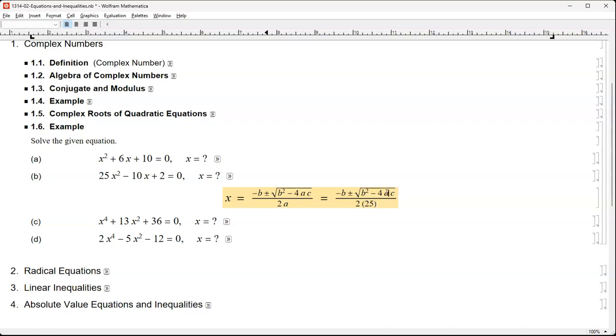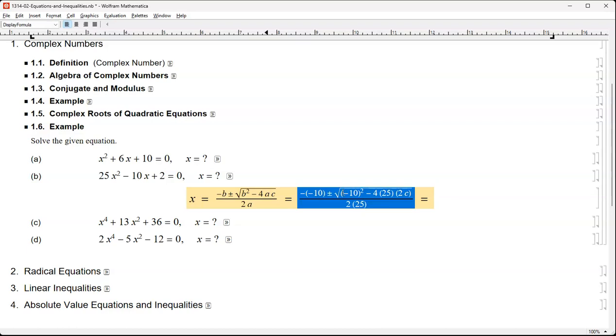A is 25, so 25 goes here. B is negative 10, so negative 10 comes here, and here negative 10 comes in. And finally, c is 2. Let's simplify just a little bit more.